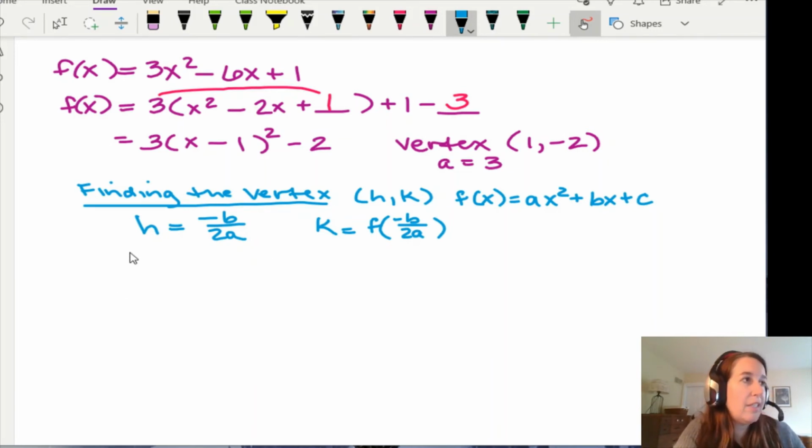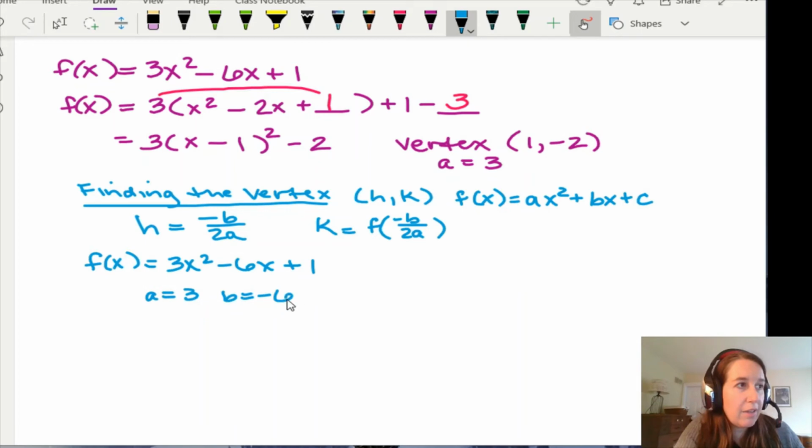All right, so let's take the same equation that we had above so that we can make sure that it turns out right. So I'm going to rewrite that equation, 3x squared minus 6x plus 1. Okay, my a value is 3, my b value is -6, and my c value is 1, correct? So to find the h coordinate of the vertex, I just do -b over 2a, and that would be something that you would memorize.